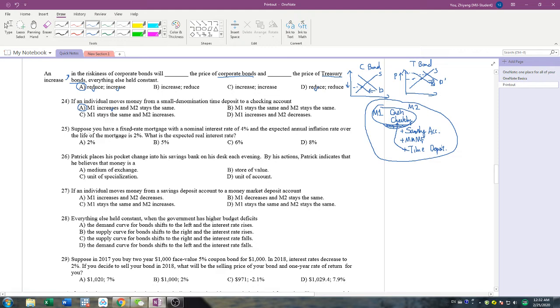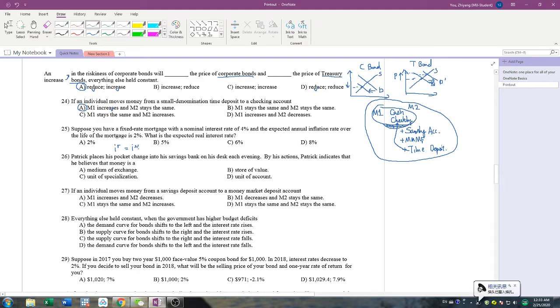Suppose you have a fixed rate mortgage with a nominal interest rate of 4%. Expected annual inflation rate over the life of the mortgage is going to be 2%. What is the expected real interest rate? This is really simple as long as you know the equation you want to work with.